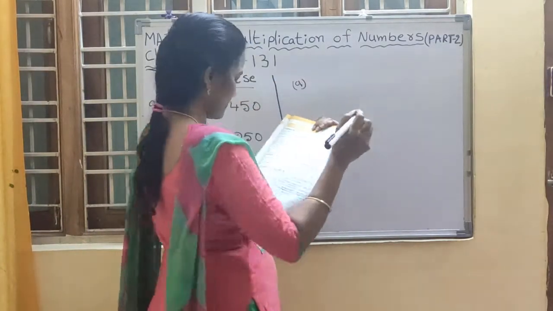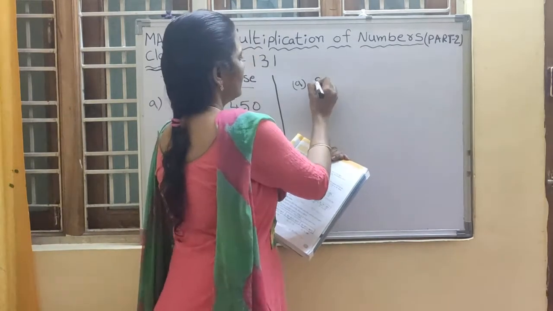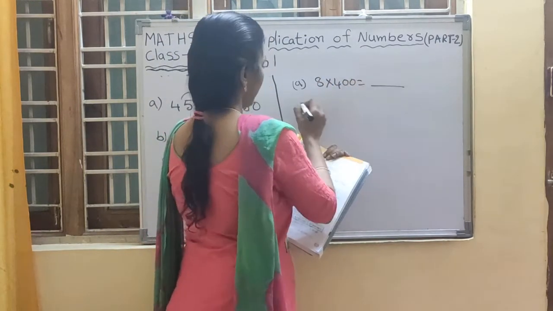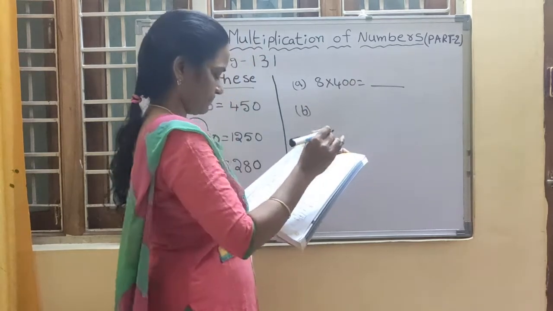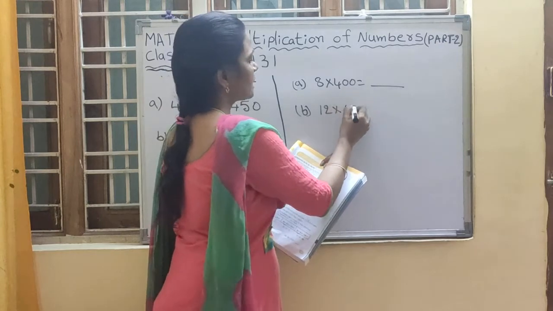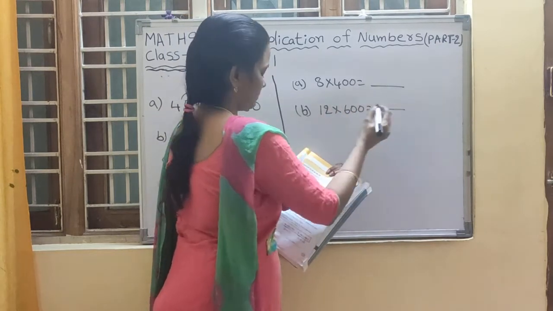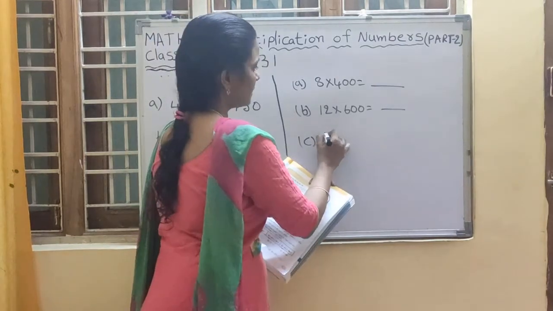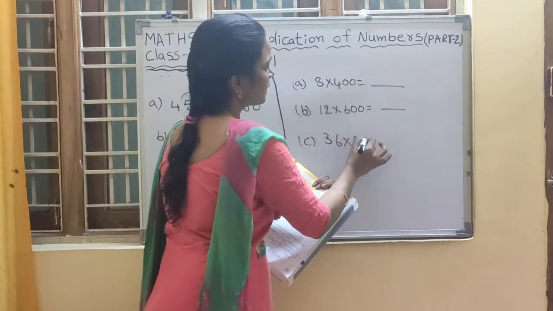Now I want to take by hundreds. A: 8 into 400. B: 12 into 600. C: 36 into 200.